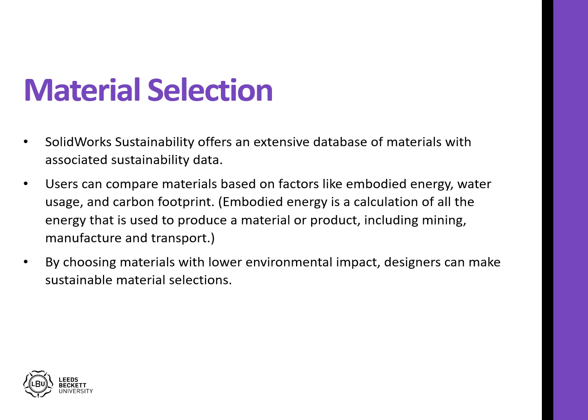Users can compare materials based on factors like embodied energy, water usage, carbon footprints. By the way, embodied energy is a calculation of all the energy that is used to produce a material or product, including mining, manufacturing, and transportation. So that's really, really useful information. By choosing materials with lower environmental impact, designers can make sustainable material selections.